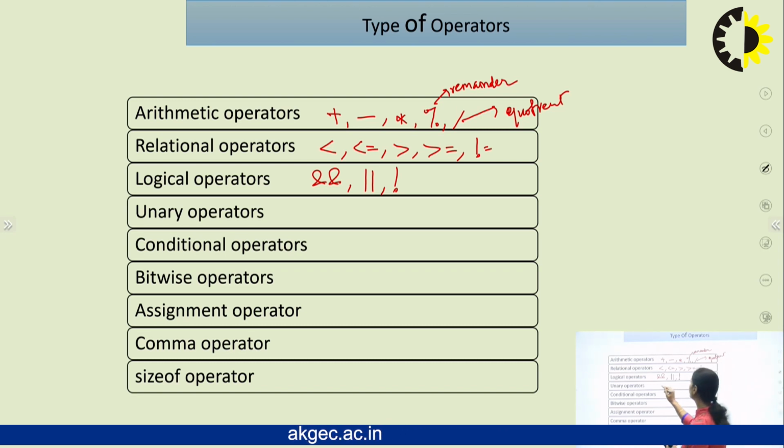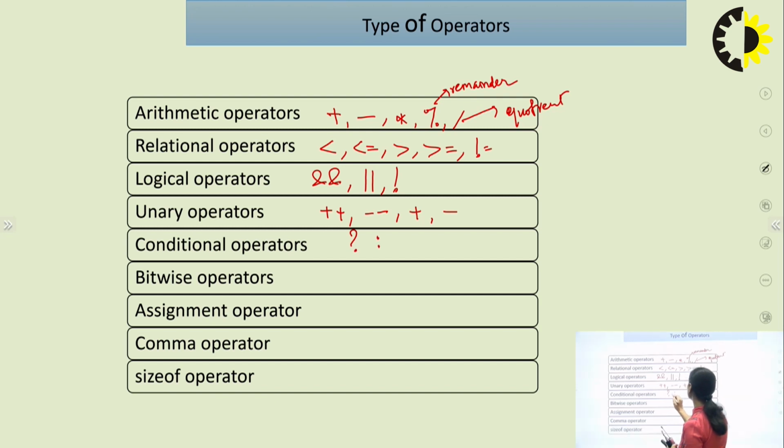For unary operators, we have the increment operator, the decrement operator, the unary plus and the unary minus. The conditional operator is the ternary operator which needs three operands to work upon. It can be used in place of a normal if-else statement.